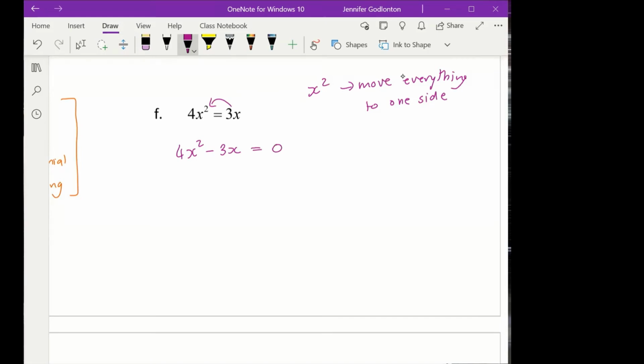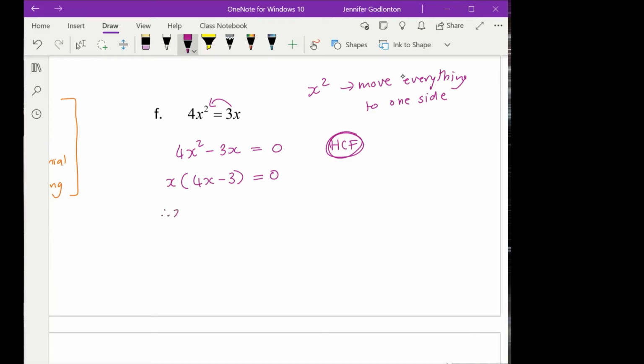That's our first step. Then we can factorize. I'm going to look for a highest common factor, which here is x. So I'm going to take out x, and I'm left with 4x minus 3 is equal to 0.